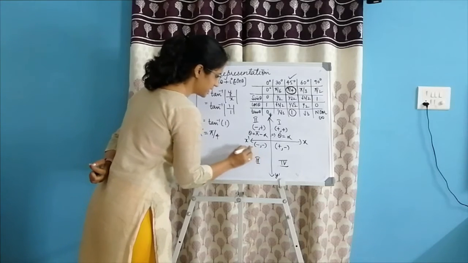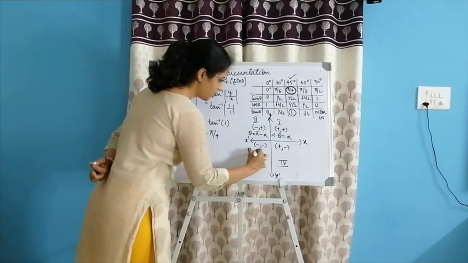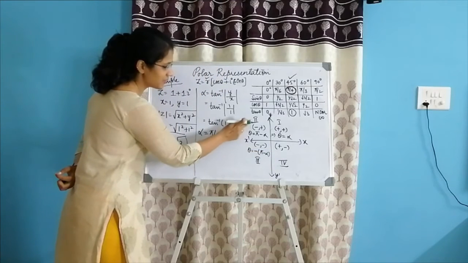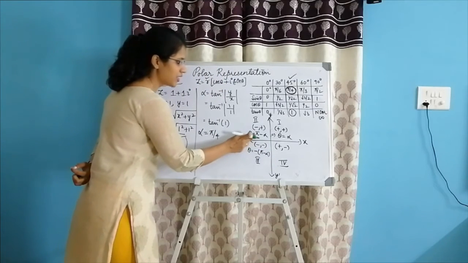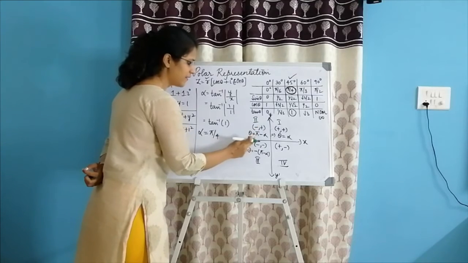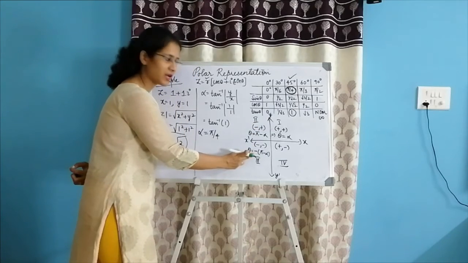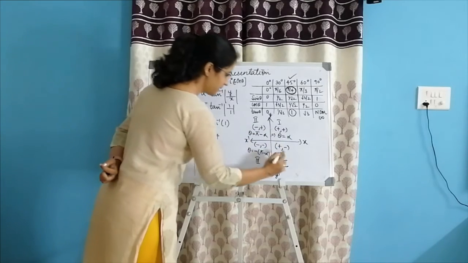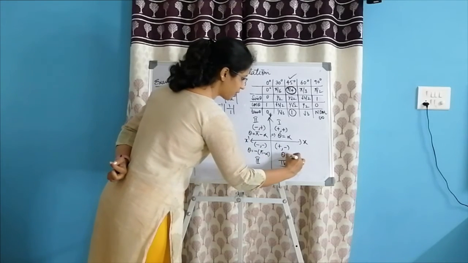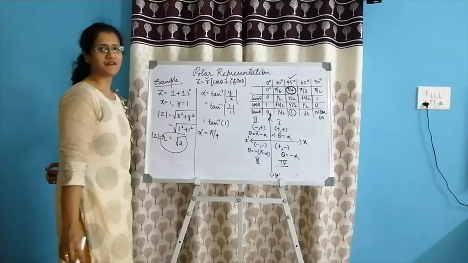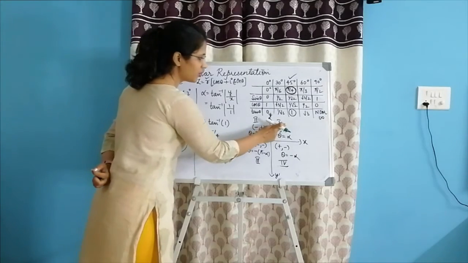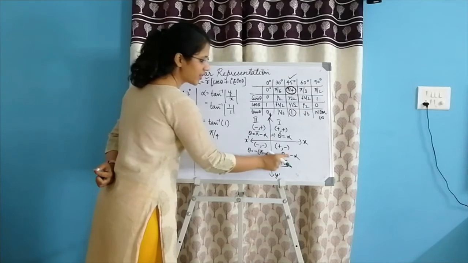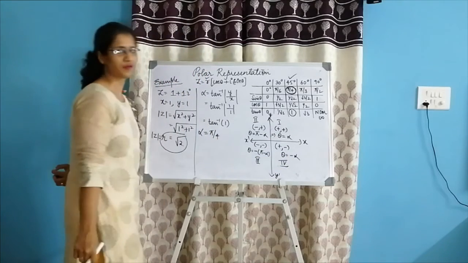In the third quadrant, theta is equal to minus of (pi minus alpha). See the difference between the second and the third quadrant? If I know the value for the second quadrant, then I only substitute a minus sign outside and I get the value of theta in the third quadrant. Similarly, theta in the fourth quadrant is going to be negative of alpha. Again, if I know the alpha value of the first quadrant, it is going to have the negative sign for the fourth quadrant.